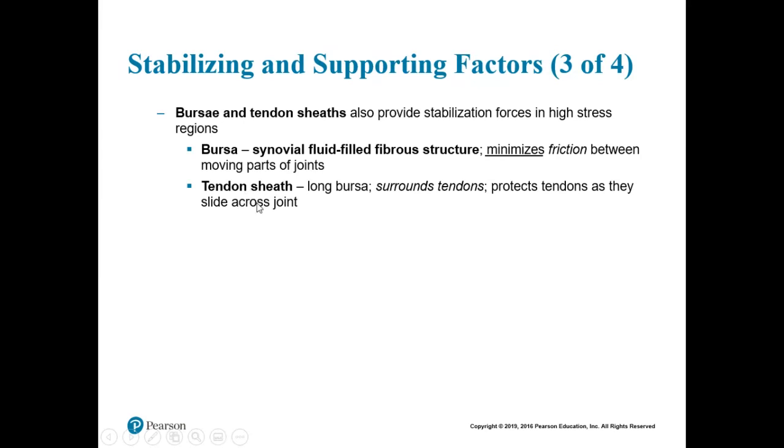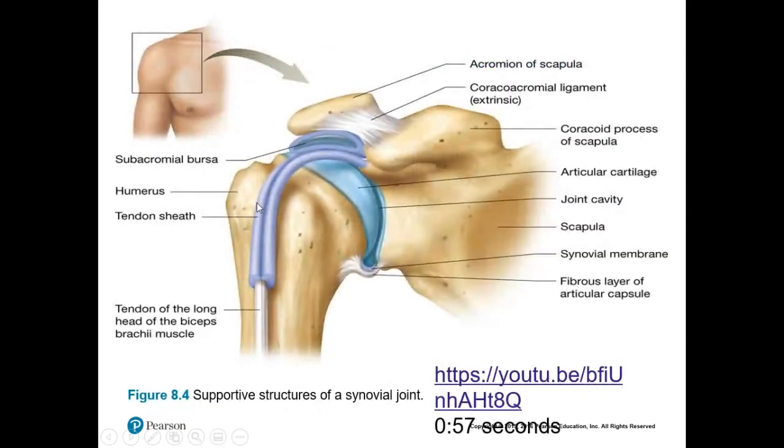Again, we'll come back to these later on, but I do want to show you this animation here, showing you the bursae. Right? So bursae is many, bursa is one. So here you have a cross section of a bursa that occurs in the acromioclavicular joint.